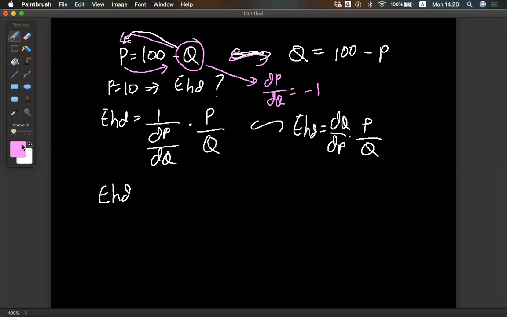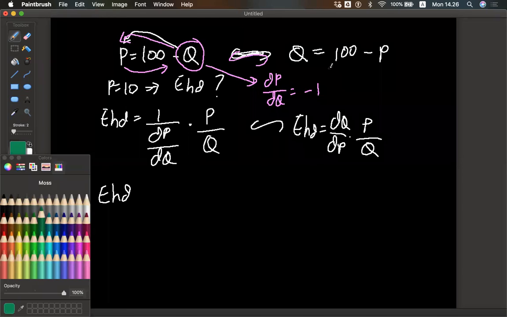And for dQ by dP, the simplest way is that the one on top is the function and the thing we differentiate by is the variable in the bottom, in this case P. So 100 differentiated by P is 0, constant, and minus P gives minus 1. Just the same actually.